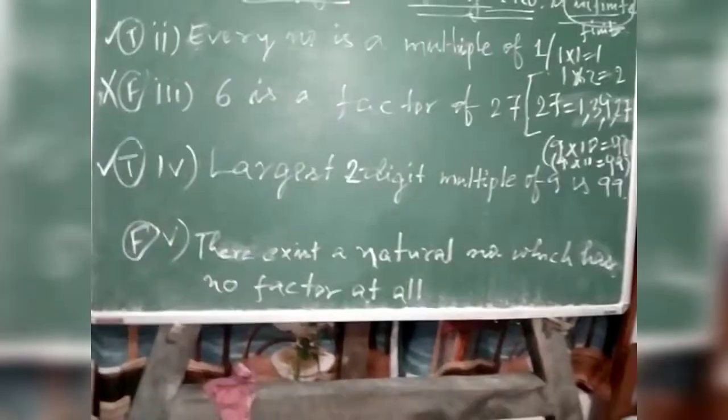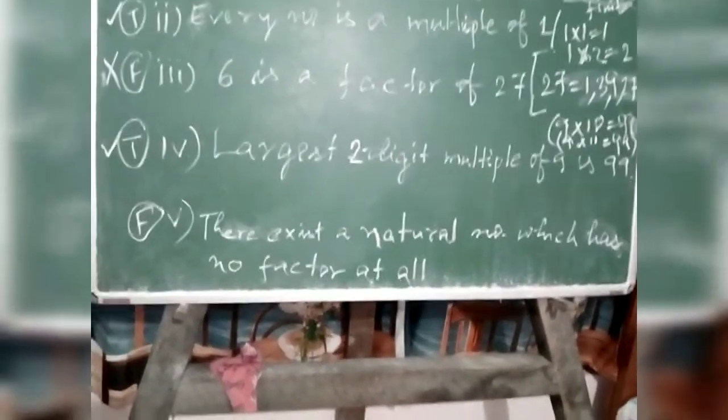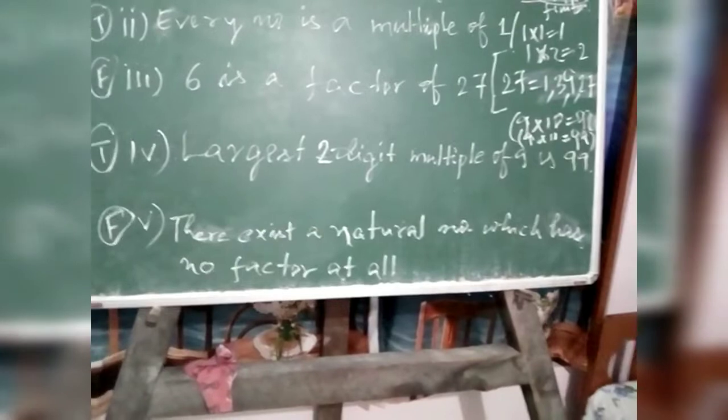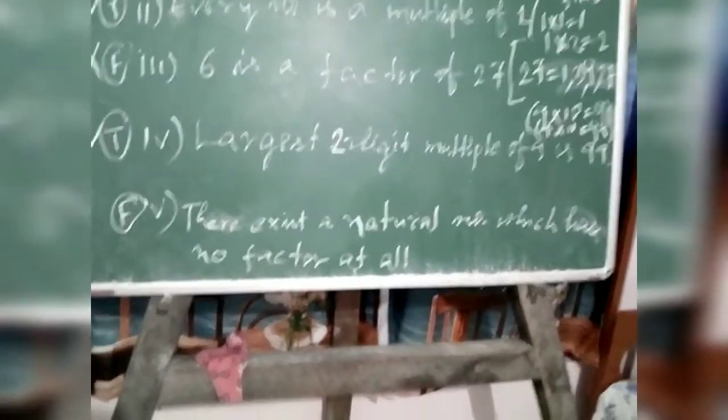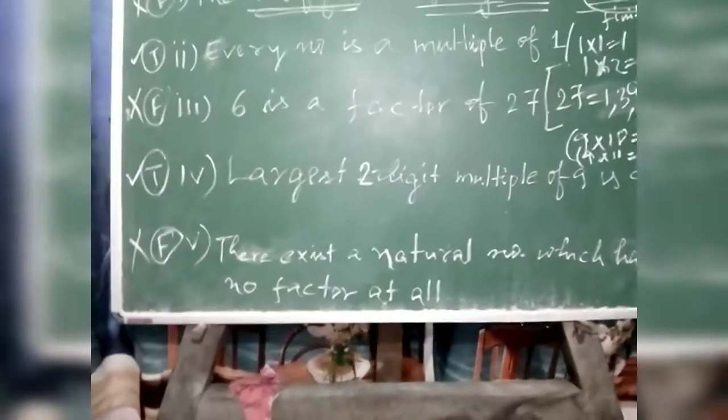Now the last one: there exists a natural number which has no factor at all. Is this valid? No, this is also invalid. It's directly false.